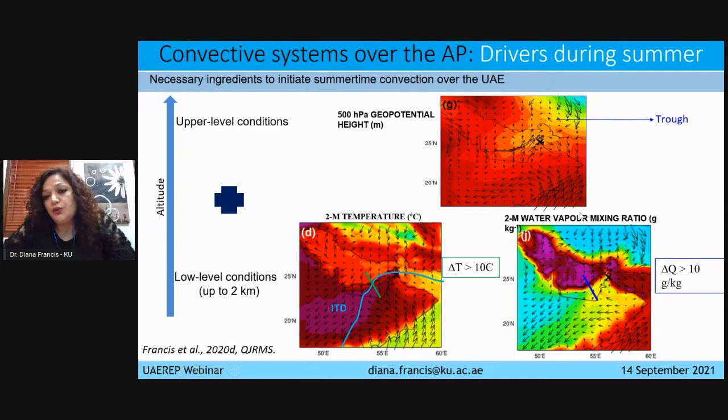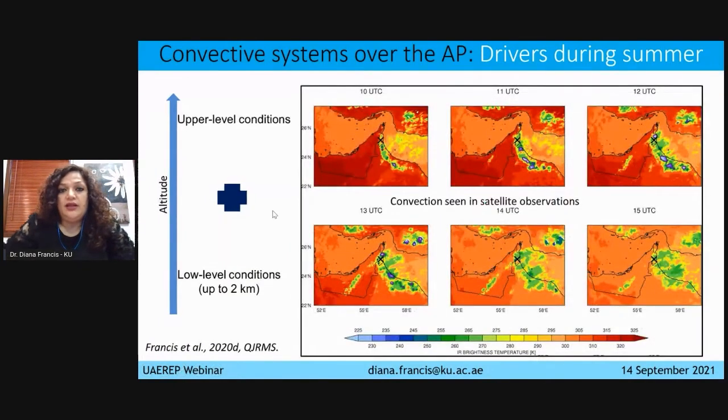For the condition on the water vapor, we need to have a gradient that is above 10 gram per kilogram. And regarding the trough, we can identify it in this color here at 500 hectopascal geopotential. And this is the convection that can result during summer from this setup of atmospheric patterns. So here, these are the cells that developed, for example, on this day. You can see the convective cells and the whole system moving as one.